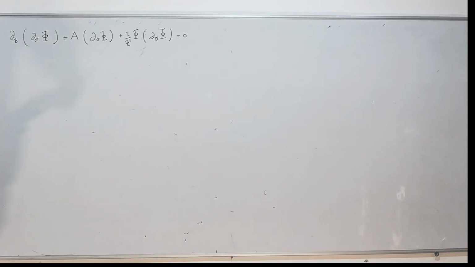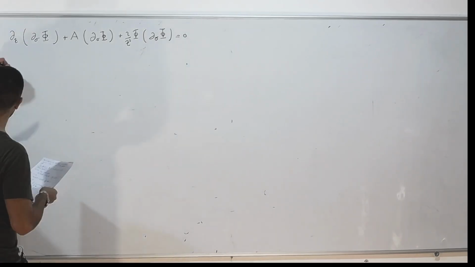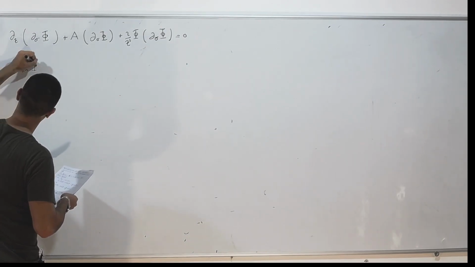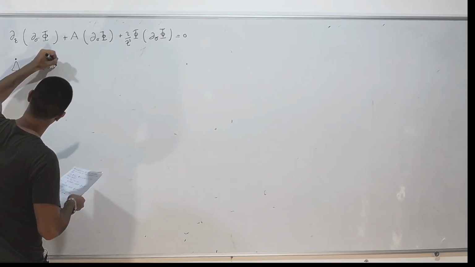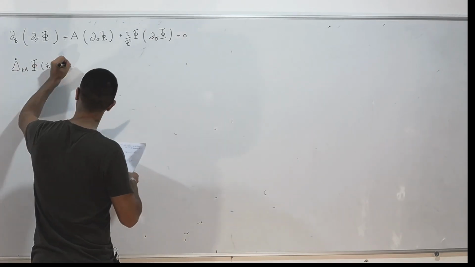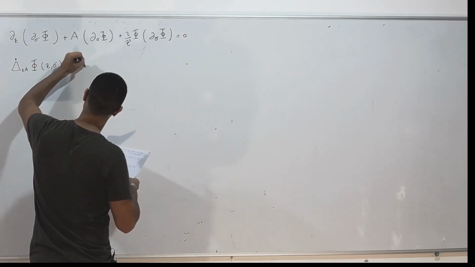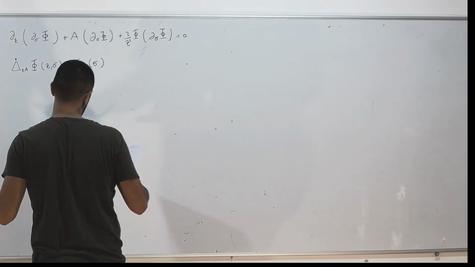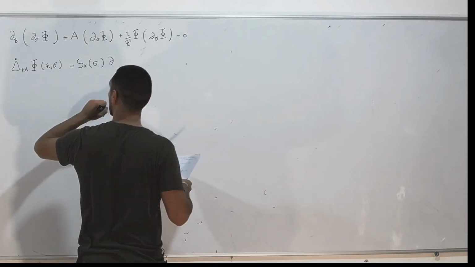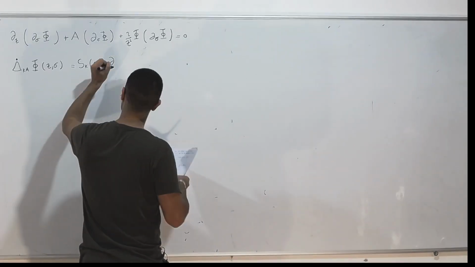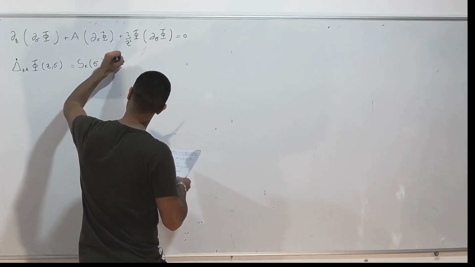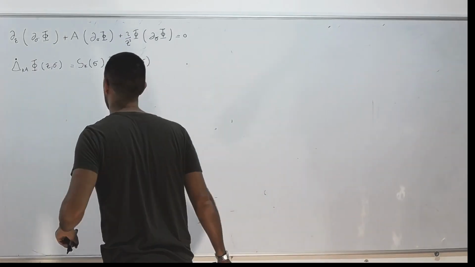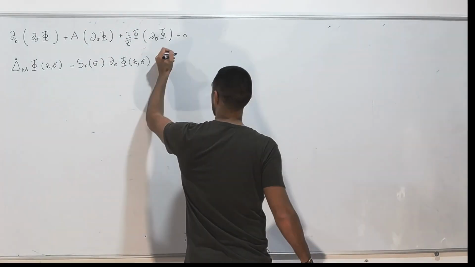So they must be proportional to each other, up to some constant, which can depend on sigma, of course, but it cannot depend on anything else. And what we have just obtained is the bridge equation.